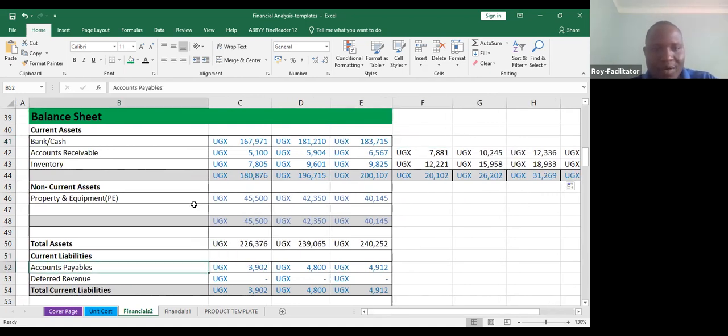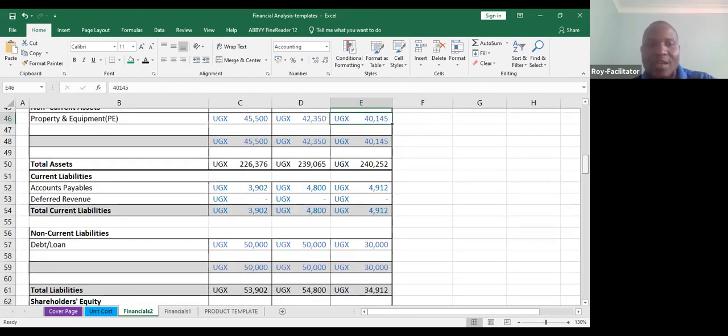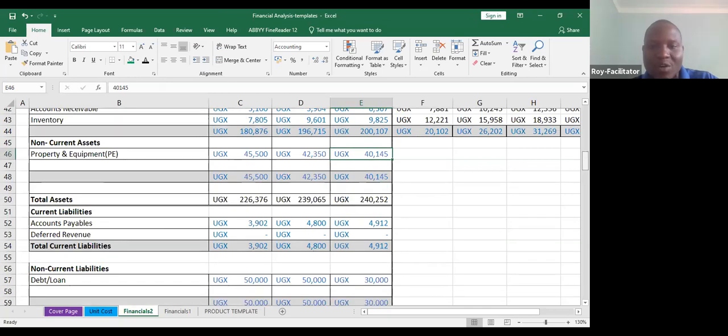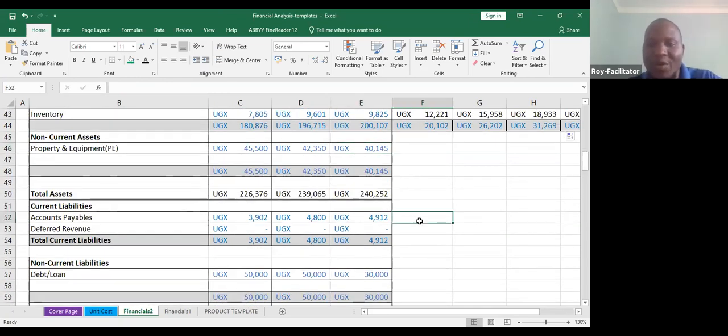Property and equipment, we don't have property and equipment yet. So we are going to compute that. I'll show you. But something that we also have is payables. We can calculate payables, where we say payables is also a function of cost of goods sold, because these are people we are supposed to pay for what they have supplied us.